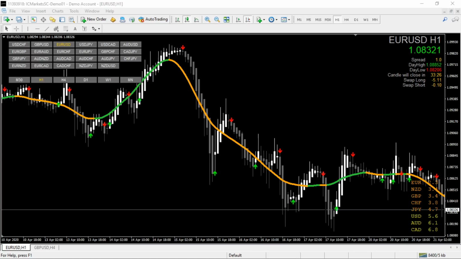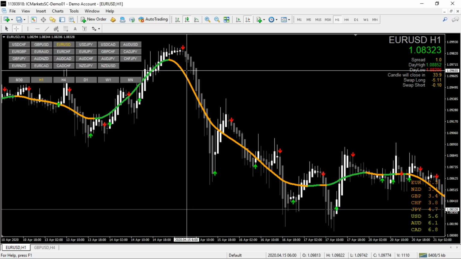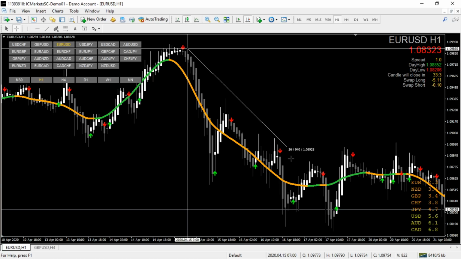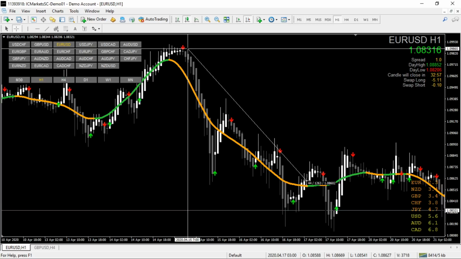Now I will show you some backtesting results with this system. Let's start with the Euro USD 1 hour chart. So here you can see a clear sell signal on the chart, and if you take a trade on this signal, then you can earn closer to 120 pips from this trade.